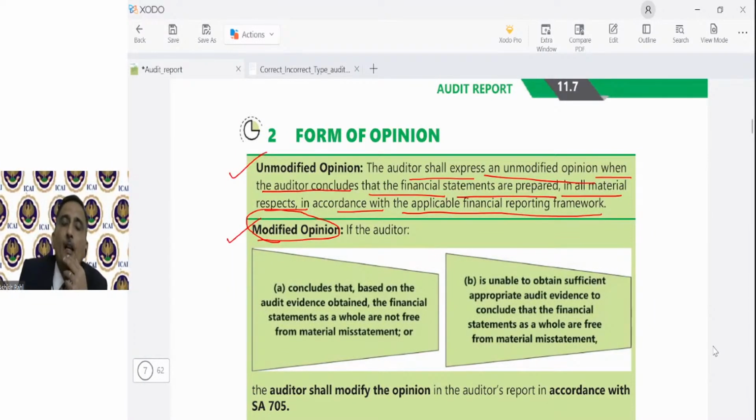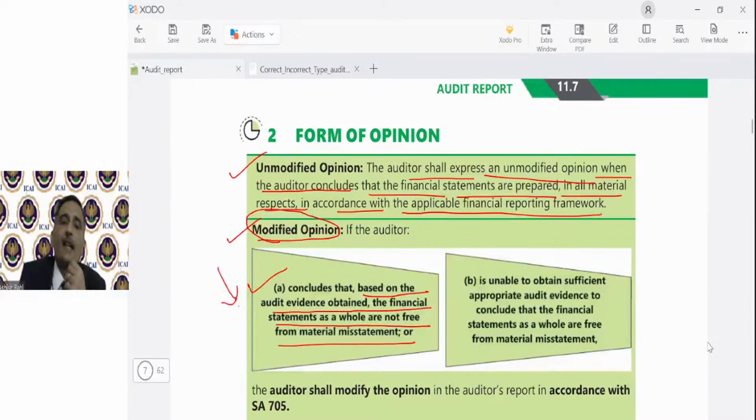So the auditor expresses a modified opinion if the auditor concludes, based on the audit evidence obtained, that the financial statements as a whole are not free from material misstatement.